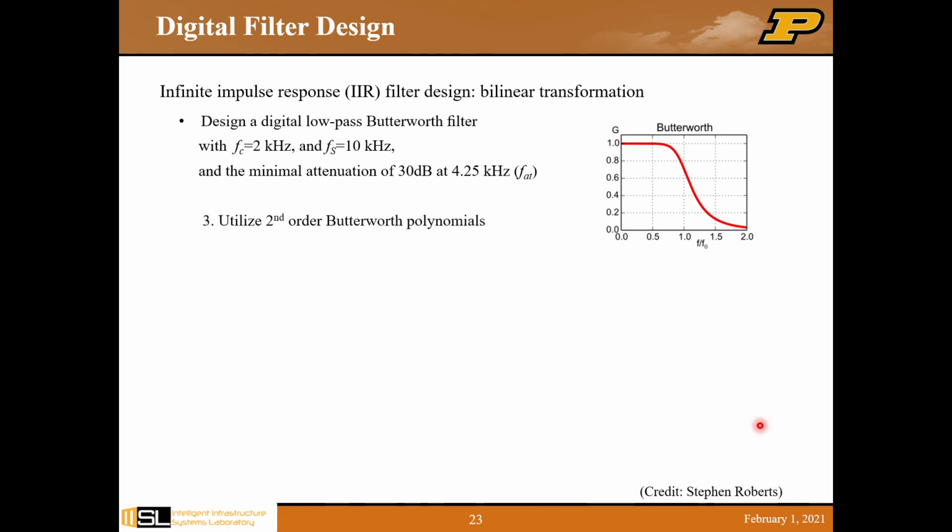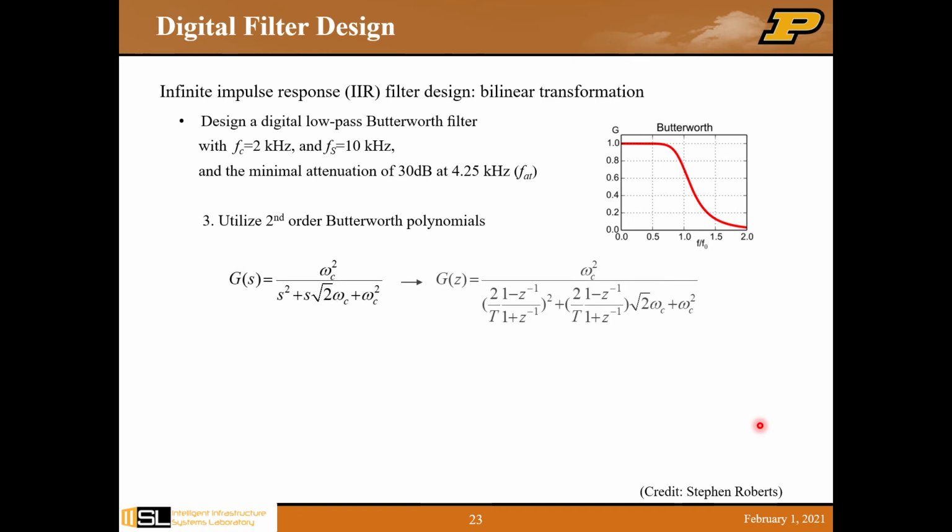Therefore, we can just utilize the well-established second-order Butterworth polynomials for this transfer function. By applying the Z transform, we substitute S with the formula 2 divided by T times 1 minus z to the minus 1 divided by 1 plus z to the minus 1.